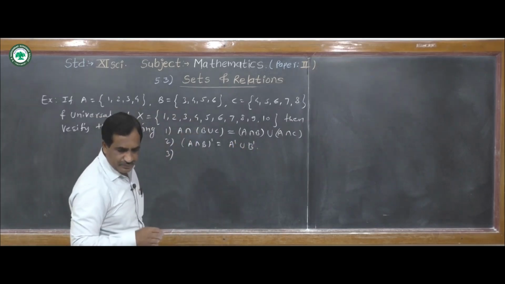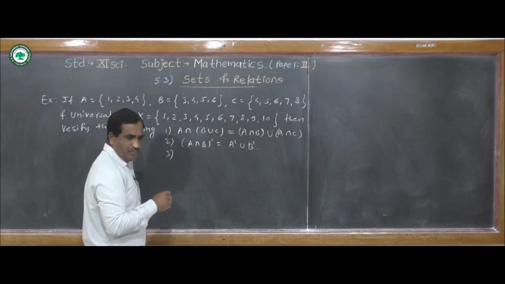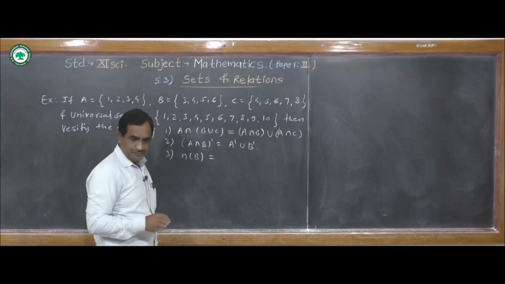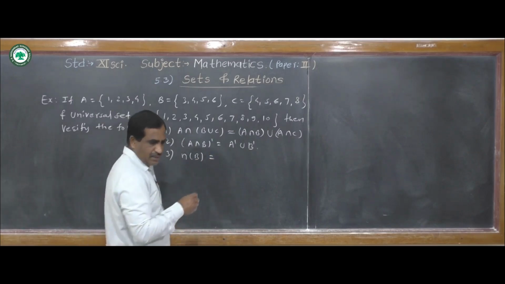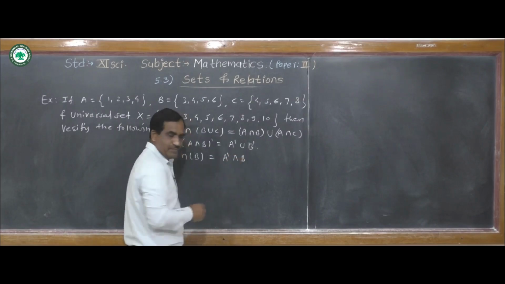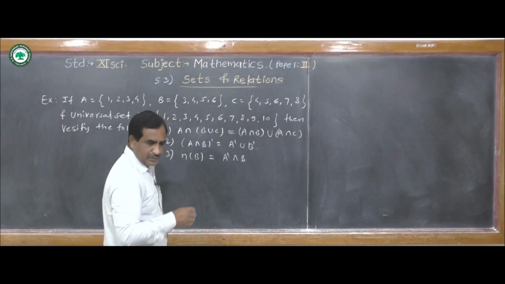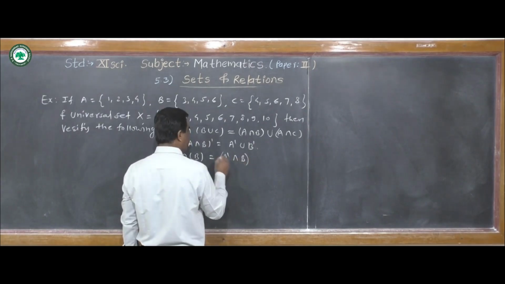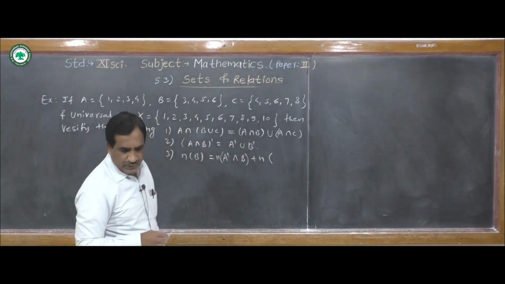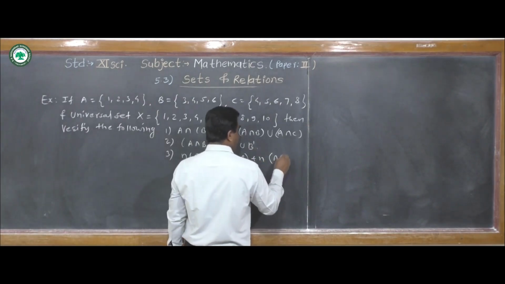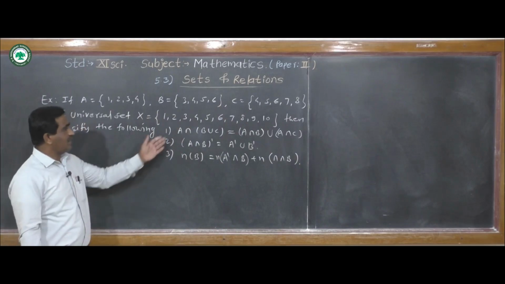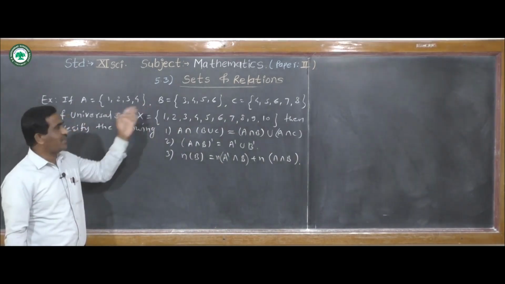Third result, number of B is equal to number of A dash intersection B plus number of A intersection B. Okay, we have to verify these three results by using these given sets.